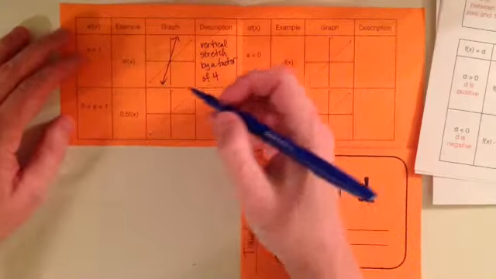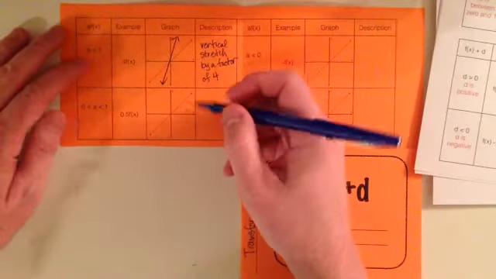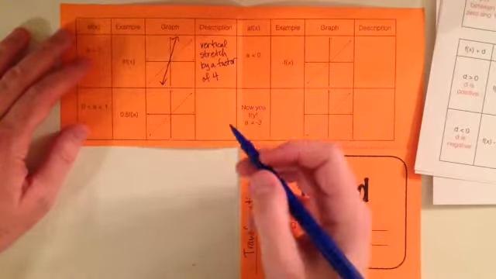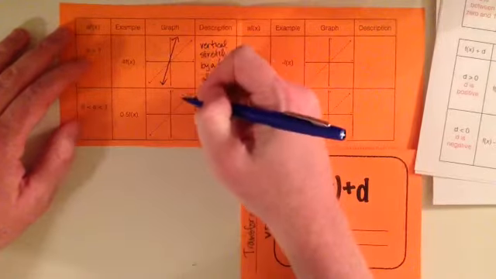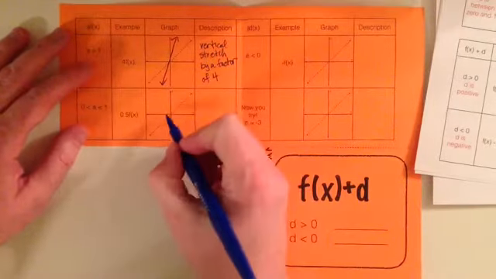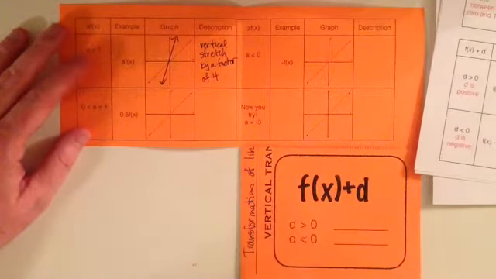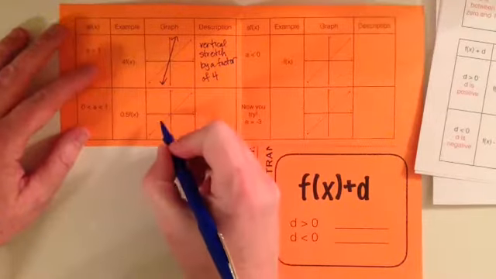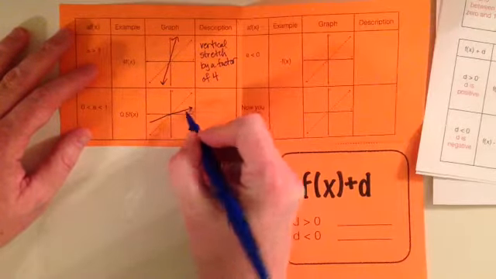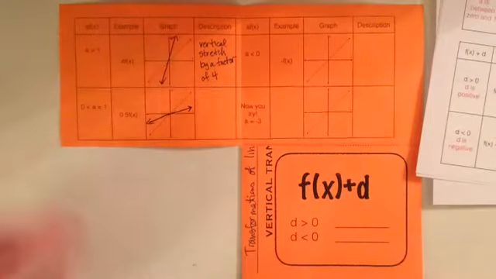Then that is a compression. A compression means it gets closer to the x-axis. So basically you're pushing down on that line, and when you push down on the line, it gets closer to the x-axis. So it could look something like this, where my line is closer to the x-axis.